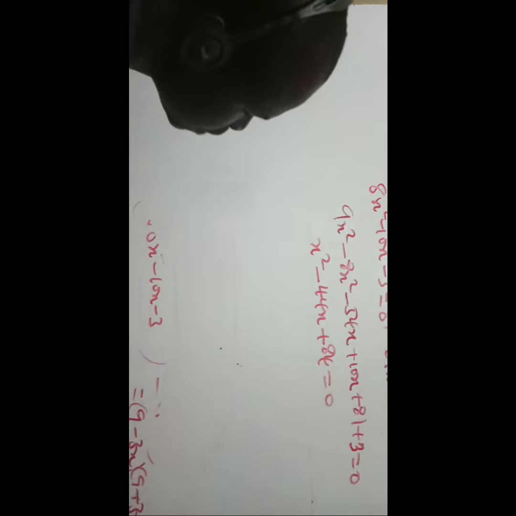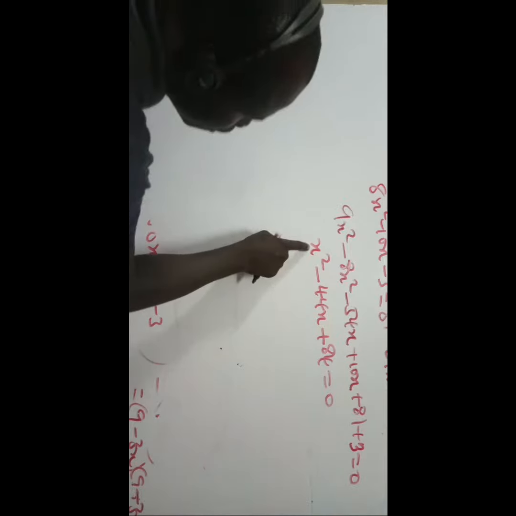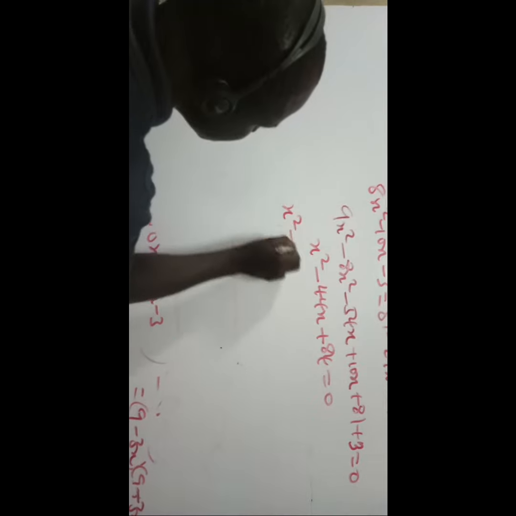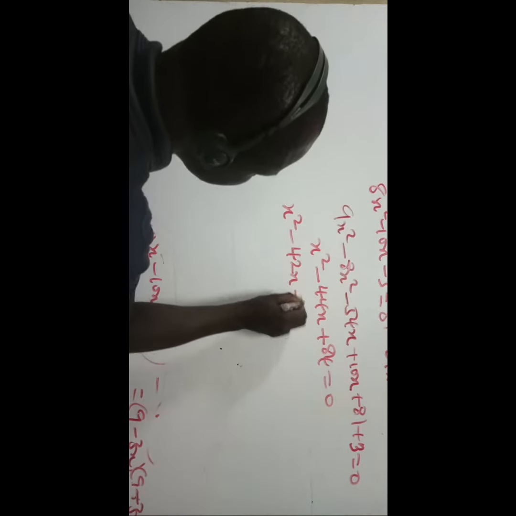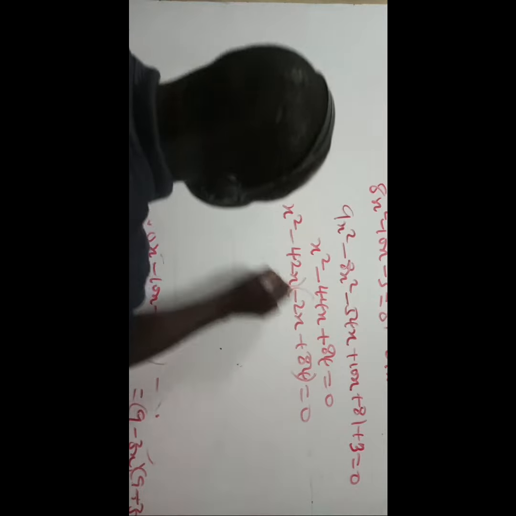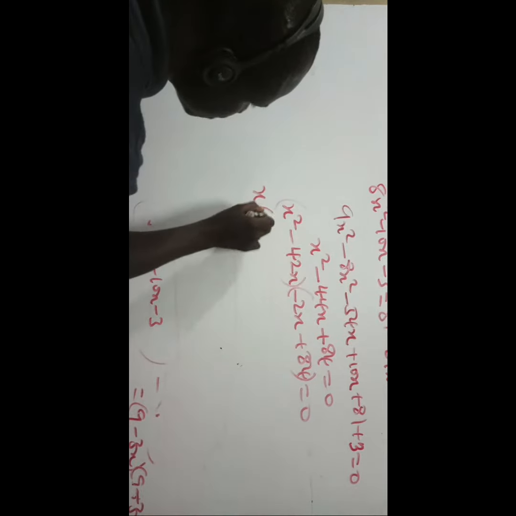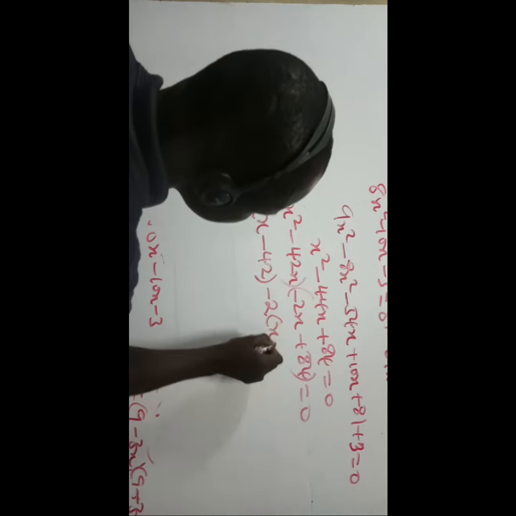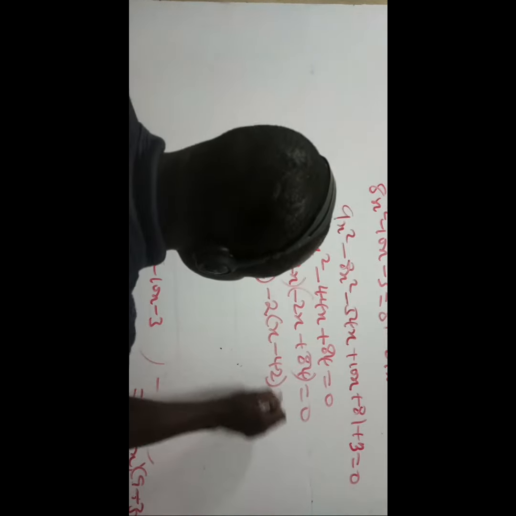So this is a quadratic equation. The two factors will now be x squared minus 42x minus 2x plus 84 equals 0. I can do the grouping. So x is common, I'm going to have x minus 42. Minus 2 is common, I'm going to have x minus 42 equals 0.